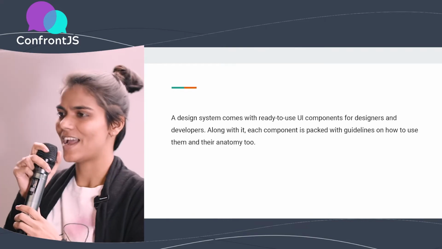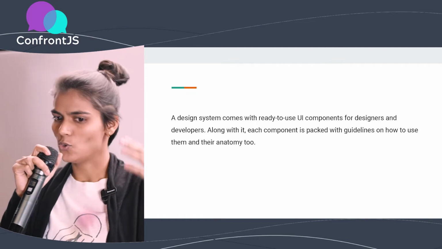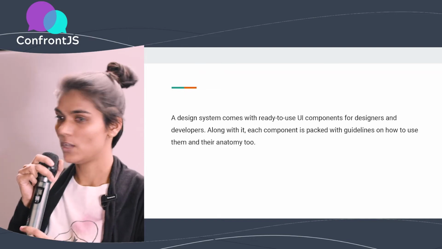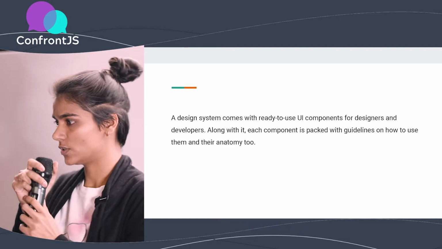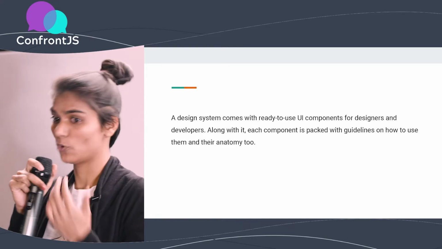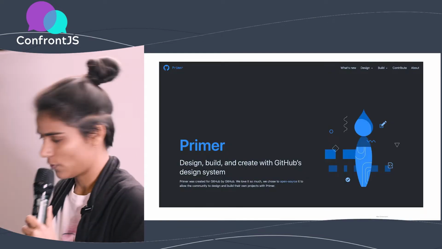It's as simple as that. You have something you can refer to as a design system. It is there. You have all the components. It doesn't matter if you're a designer or a developer. You have all the components there. You can consume the design system to implement your project or something on the platform.